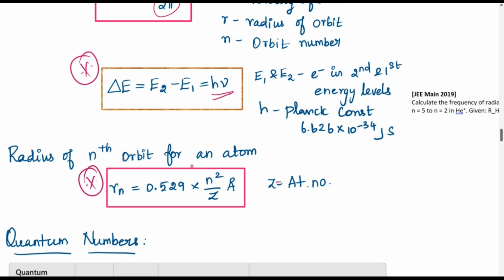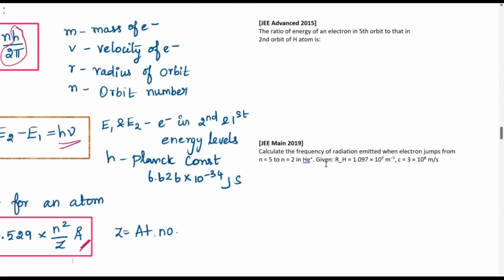Those calculations you can do. The formula is Rn is equal to 0.509 times n square by Z in Angstrom. The formula I have given is in Angstrom. Please note that. Okay, so let's solve problems related to this.